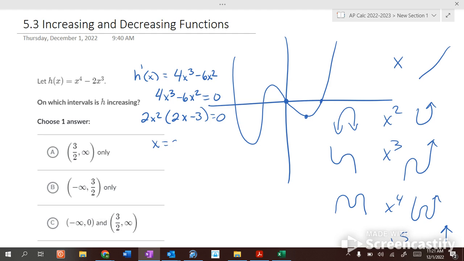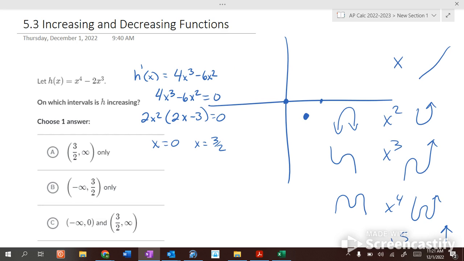So we know x equals 0, and x equals 3/2. At 3/2, we're going to have something, in this case a minimum. And at 0, what we're going to have is what's called a double root.